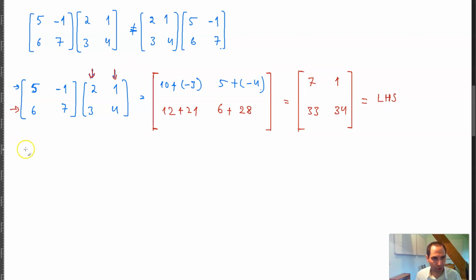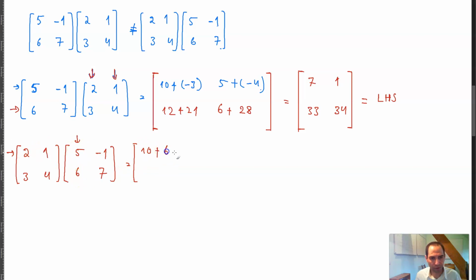Now if I write [2, 1; 3, 4] and multiply it by [5, -1; 6, 7], I will have this row and this column. I will have 2 times 5 is equal to 10 plus 1 times 6 is equal to 6. The next column, 2 times negative 1 is equal to negative 2, 1 times 7 is equal to 7. And then I have this row times this column.